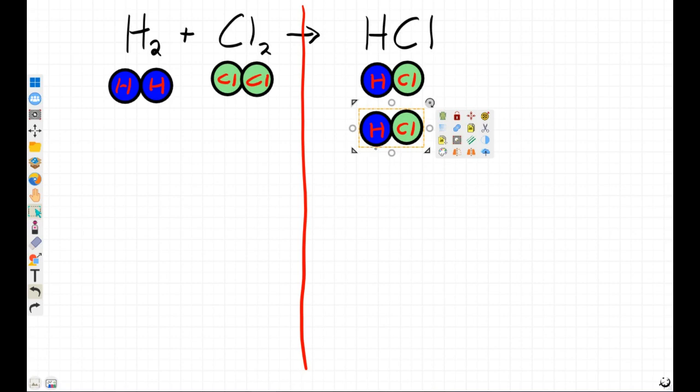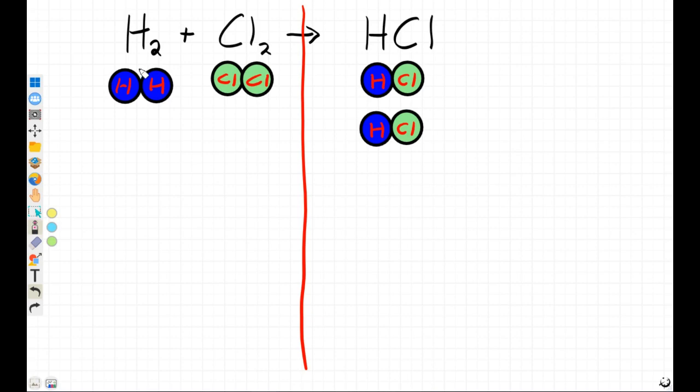So I've got my extra hydrogen, but I've also brought along an extra chlorine as well, because in the original compound, we have one hydrogen and one chlorine bonded together. We can't have a hydrogen just appearing by itself there. It needs to drag along a chlorine partner as well.